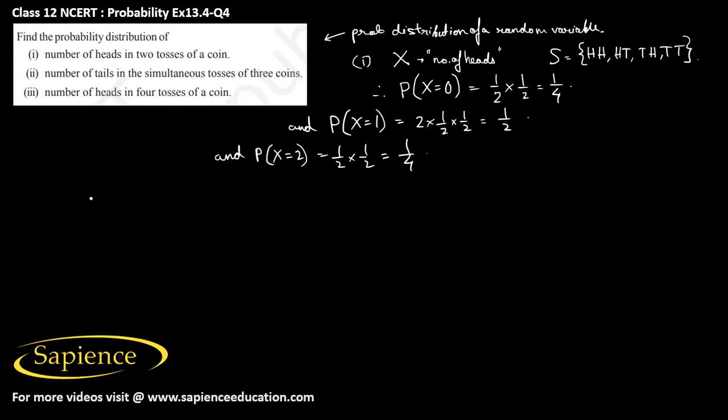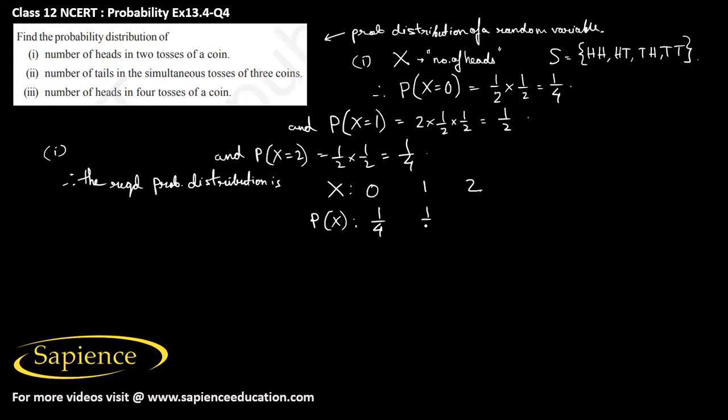So therefore, for part 1, the required probability distribution is given as, for x equal to 0, 1, and 2, the probability of x is 1 by 4, 1 by 2, and 1 by 4. So this is the required probability distribution for the first case.